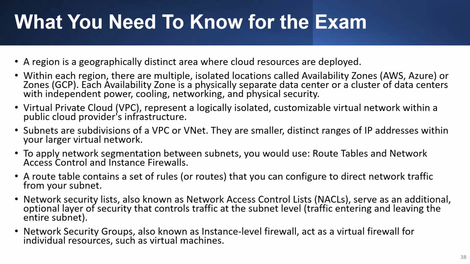Network security lists, also known as network access control lists, or NACLs, serve as an additional optional layer of security that controls traffic at the subnet level, which is traffic entering and leaving the entire subnet. Network security groups, also known as instance level firewalls, act as a virtual firewall for individual resources such as virtual machines.